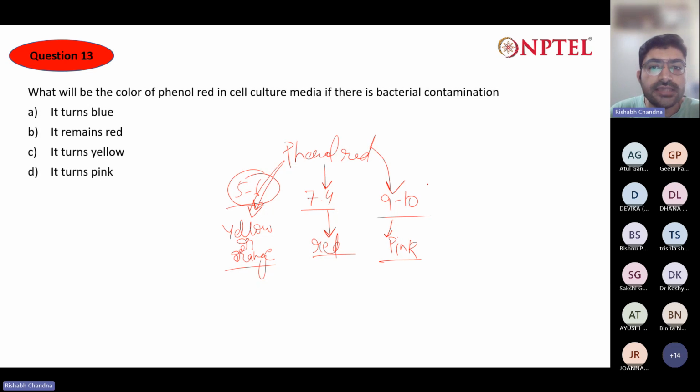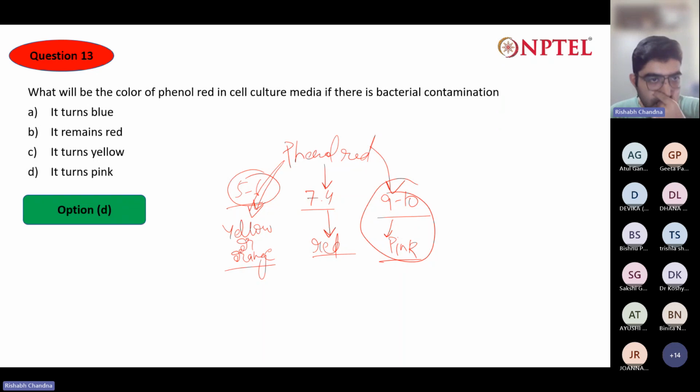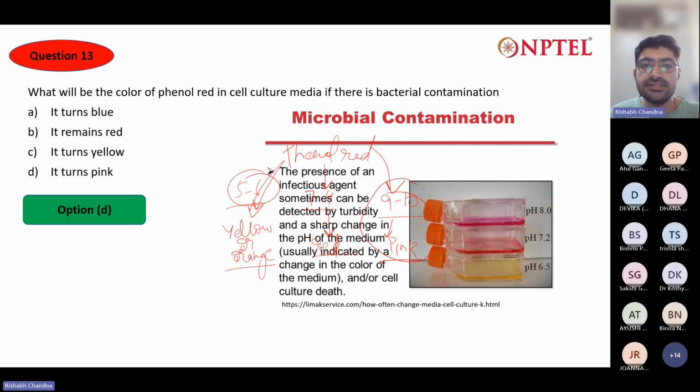Because of the rise in pH due to contamination, it will also give a peculiar smell that does not usually come from a normal cell culture. So this is the scenario that happens inside the cell culture with pH. The correct answer is option D. In case of a bacterial contamination, the culture media will become pink instead of red. So this is the explanation.